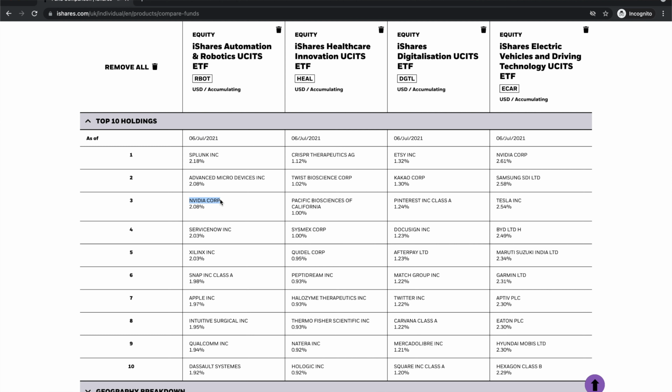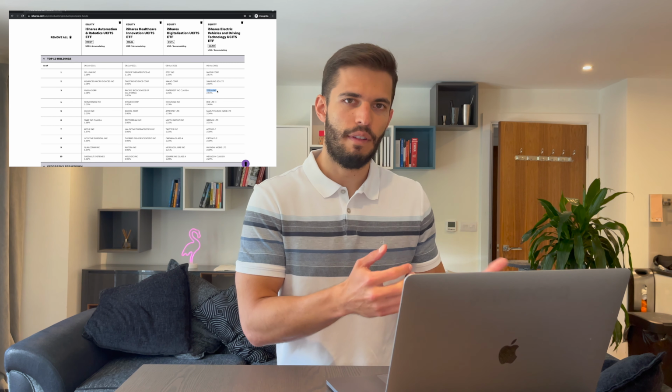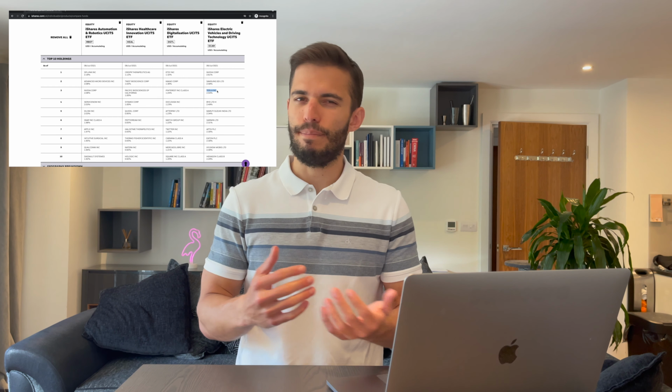Then if you have other funds, or maybe if you invest in NVIDIA, then you'll know that, hey, maybe you like NVIDIA, so you don't mind being overexposed, but at the same time, you want to make sure that you're diversifying properly. The same goes with other examples here. For example, Tesla is obviously a pretty important company in the electric vehicles industry. But if you are already investing in Tesla, then investing in funds that also hold Tesla maybe doesn't make a lot of sense.